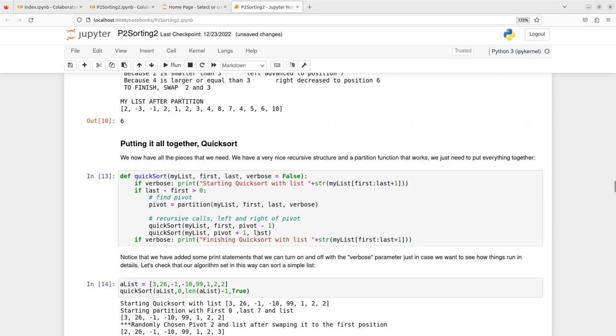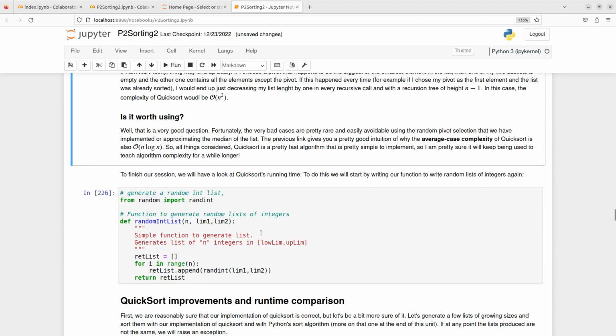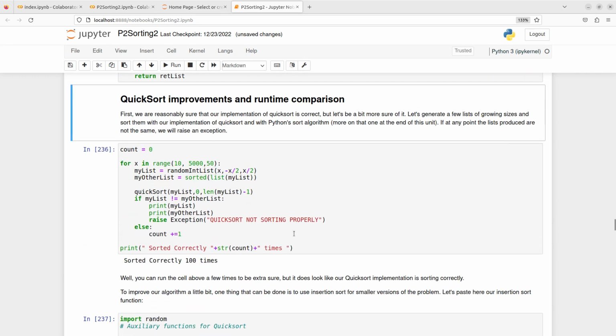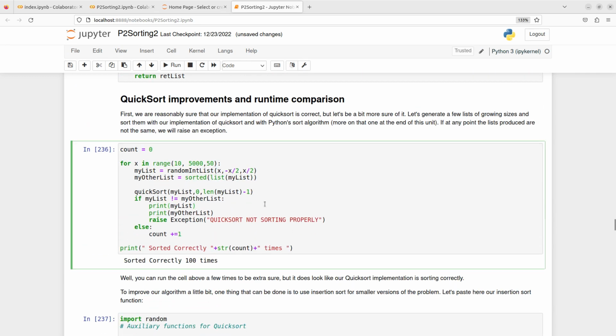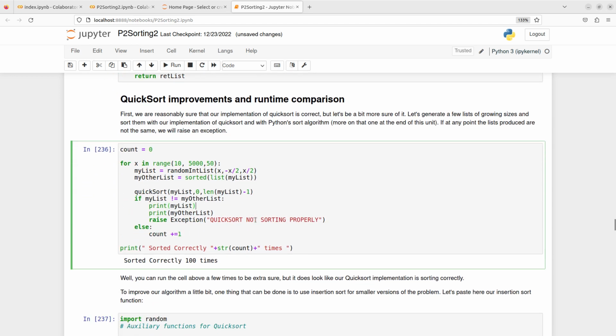Okay, let's run the code a little bit more again. Let's add again the function to compute random lists. And let's see a few executions of our quicksort algorithm, and let's see how long it takes to run. When I say that usually it works well, what do I really mean in terms of running time?